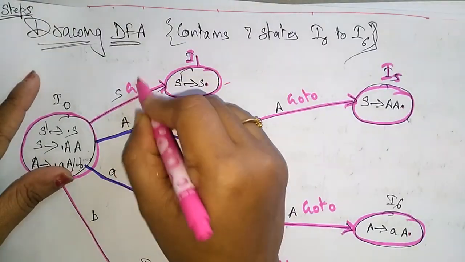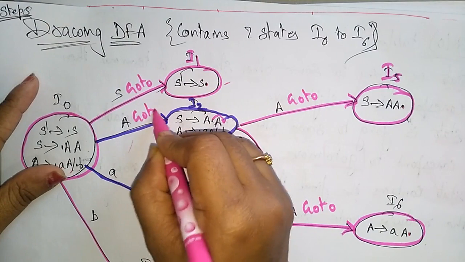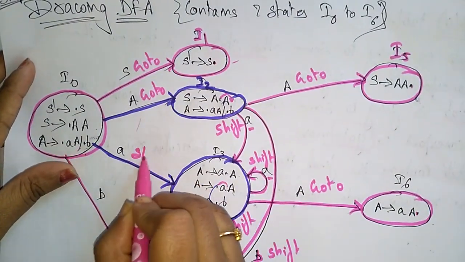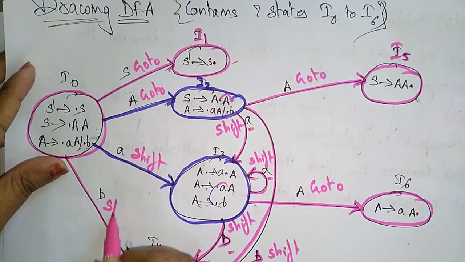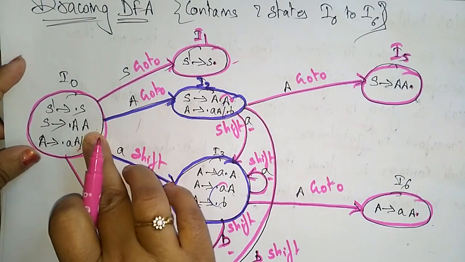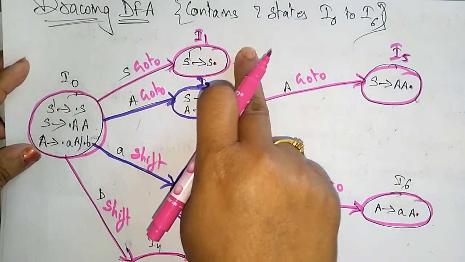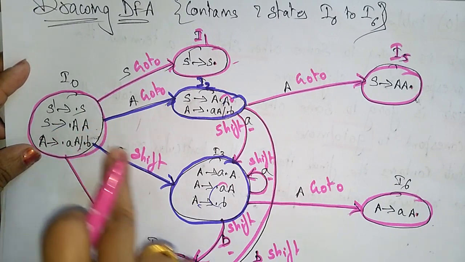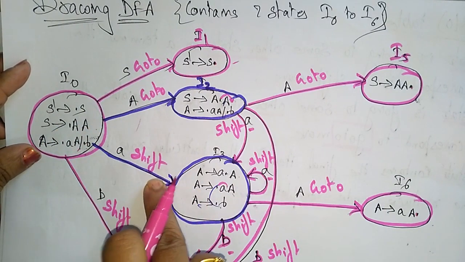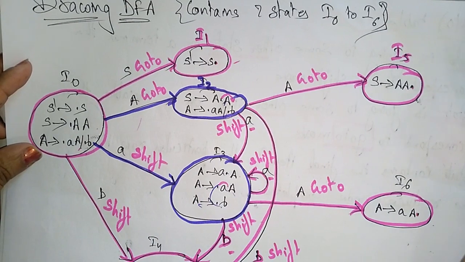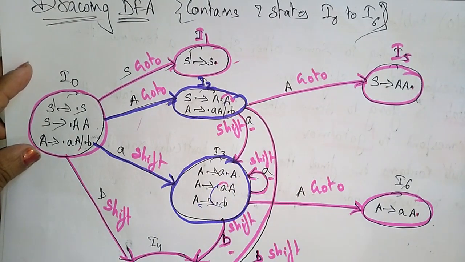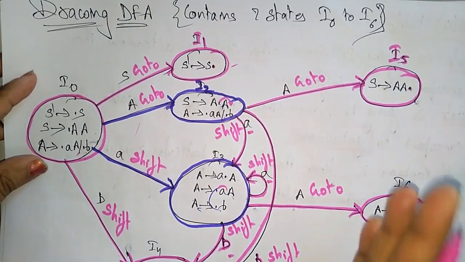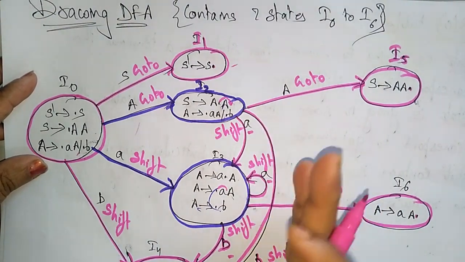This is goto, and this is a terminal, meaning shift. So don't be confused. If a variable is going from one state to another state, we call it a goto, and if a terminal is going from one state to another state, we call it a shift or an action. So the parsing table will be using these two concepts, goto and action.